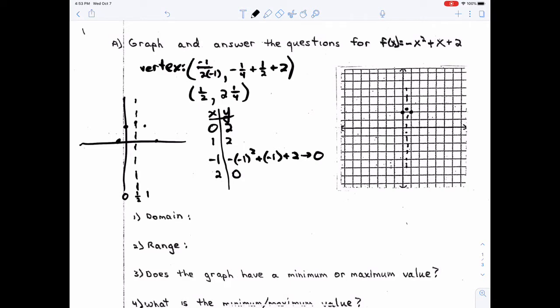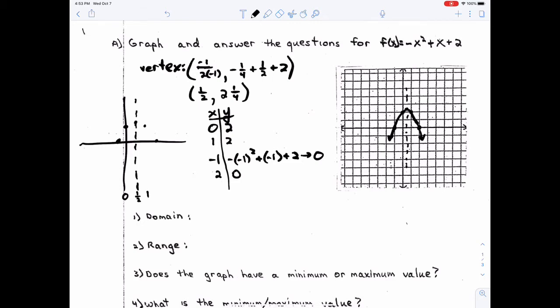Then we have -1, comma 0, and 2, comma 0. Then we'll draw the graph, again as best you can. In my case it's usually not too good, but make sure you're drawing a curve.